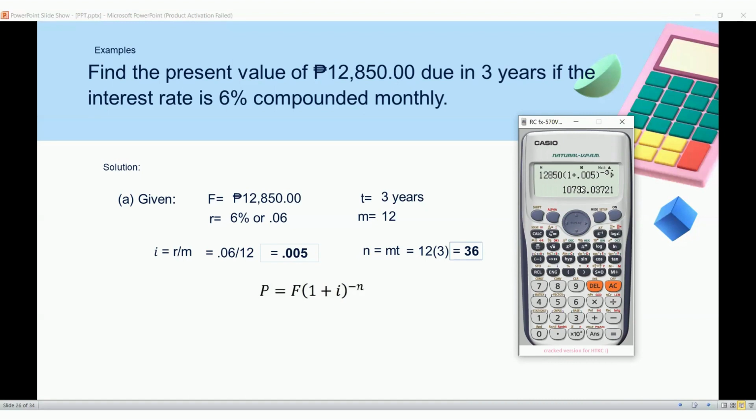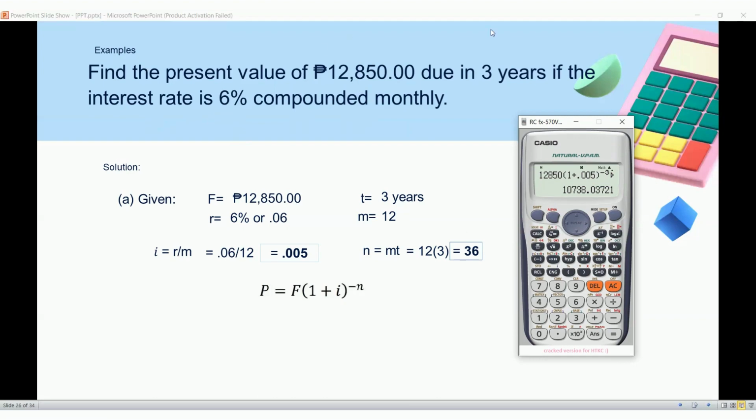This is our present value. Ito na yung present value ng 12,850 pesos, which is due in 3 years at a 6% interest rate compounded monthly.